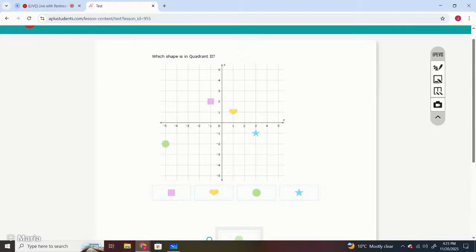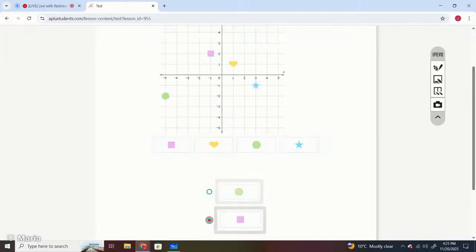So, which is the correct option? In the second quadrant we have the square. Option number 2 is the correct option.